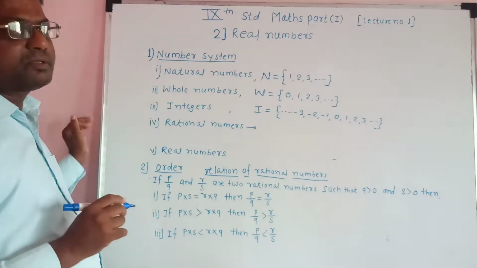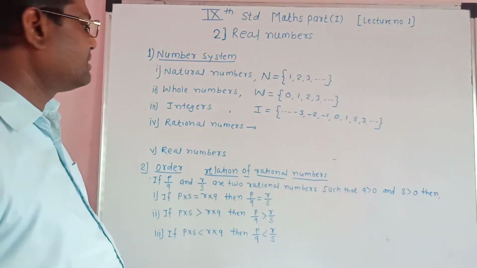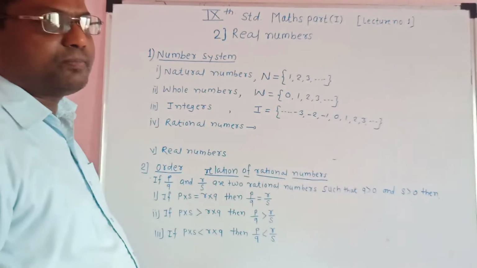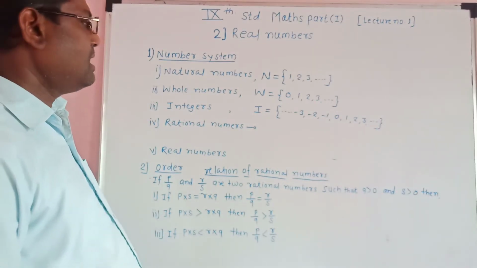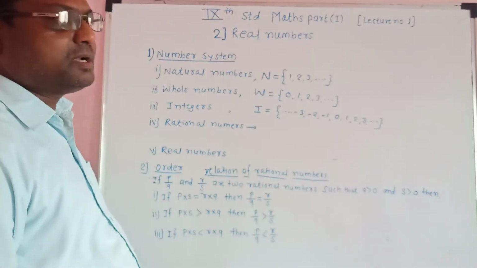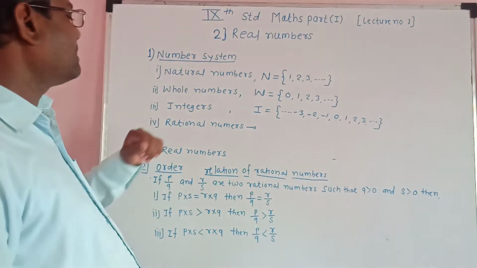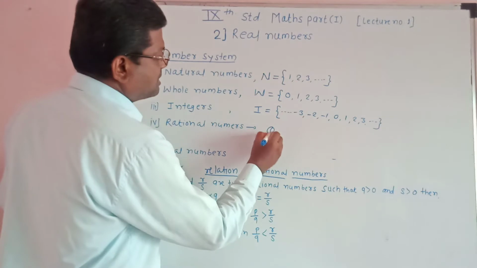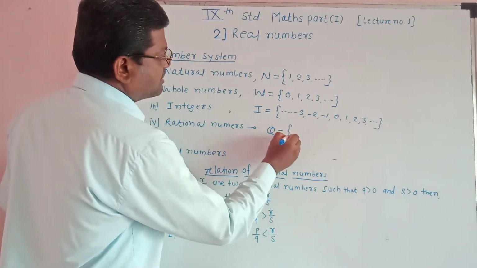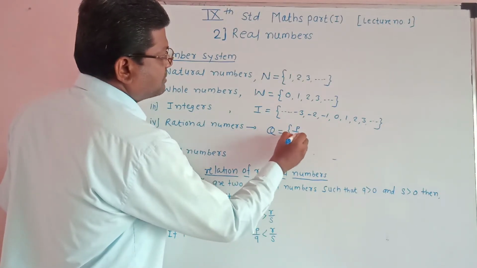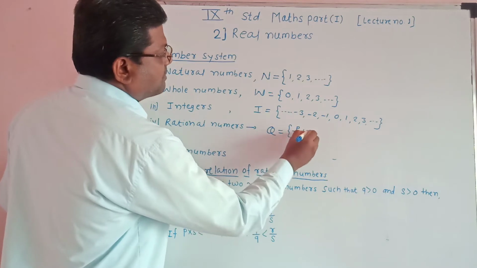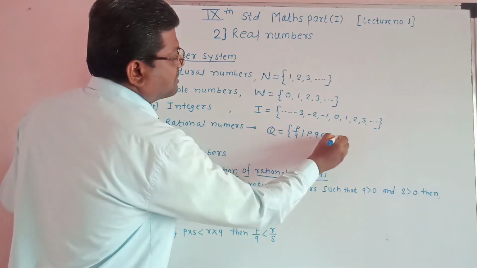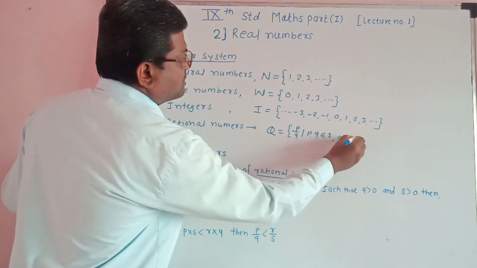And rational numbers. The number which can be written in the form of p upon q, where p is any integer and q is a non-zero integer, is called a rational number. The rational number set is denoted by Q and it is written in curly brackets as p upon q, where p, q belong to I, q not equal to 0.